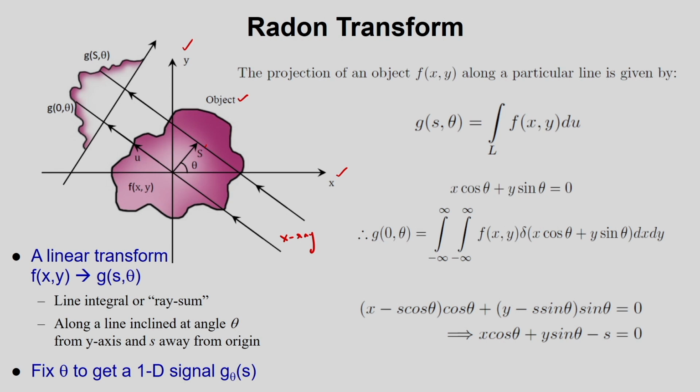In this diagram I have shown two coordinate systems, one is the x and y coordinate system, another one is the s and theta coordinate system. What are s and theta? In polar coordinates it is s and theta, in rectangular or Cartesian coordinates it will be s, u. So I have two coordinate systems, one is the xy coordinate system, another one is the s theta coordinate system.